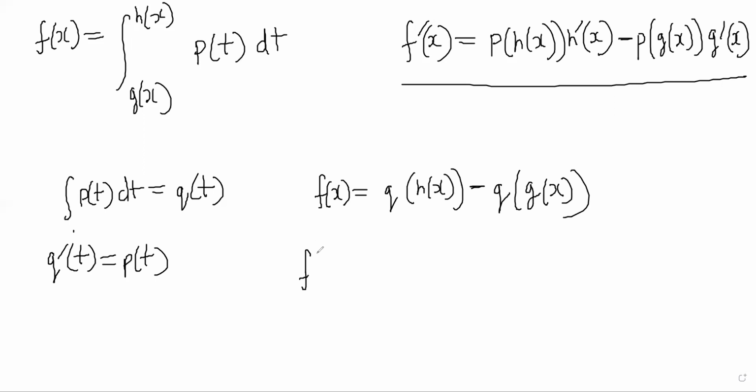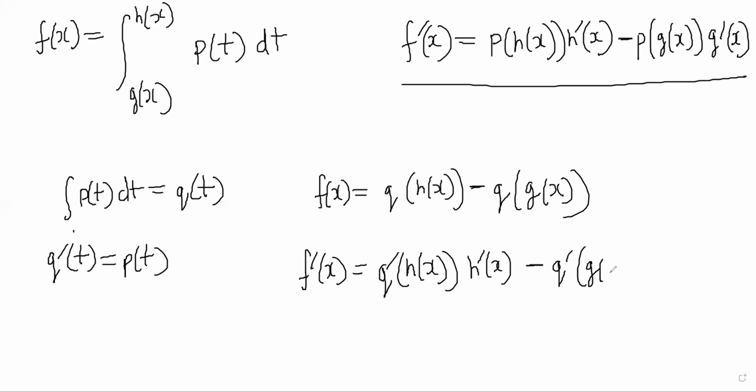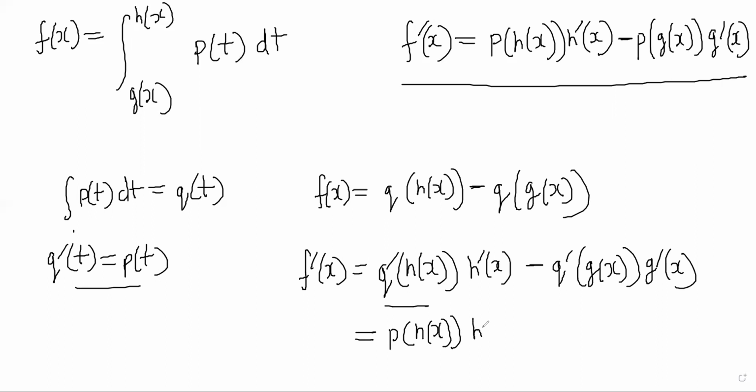So f dash x by chain rule should be q dash h of x, h dash x, minus q dash g of x, g dash x, right? And q dash h of x can be written as p of h of x, and q dash g of x can be written as p of g of x, right?